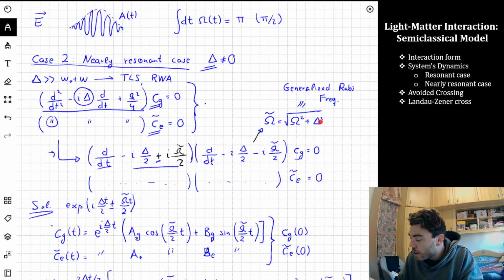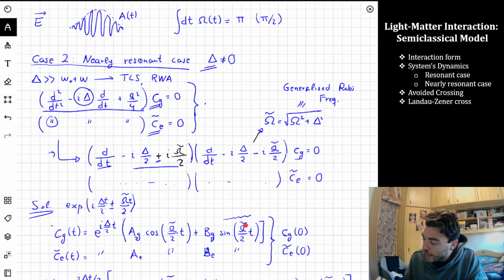If the detuning is zero, then this omega tilde that I defined would be exactly omega, the Rabi frequency. But now these oscillatory terms go with this omega tilde. So the frequency of the oscillation changed. And this omega tilde is called the generalized Rabi frequency, for obvious reasons.